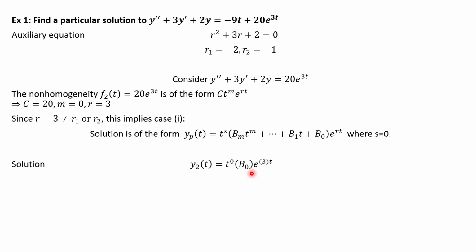So we just plug in our values: s is 0, m was 0, r was 3, and y2 equals b0 e to the 3t. I just changed the variable to b because we're going to combine our two solutions, y1 and y2, and technically the coefficients are not the same a's, so I chose b to distinguish the difference.